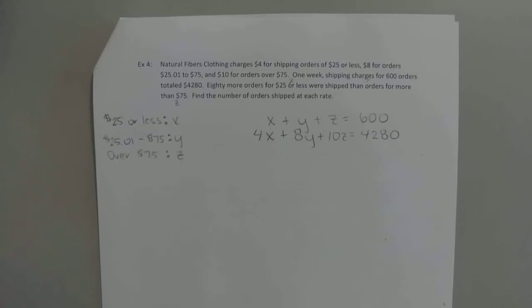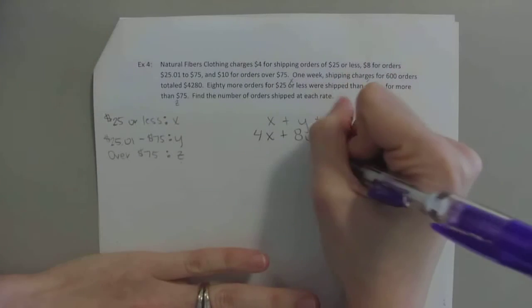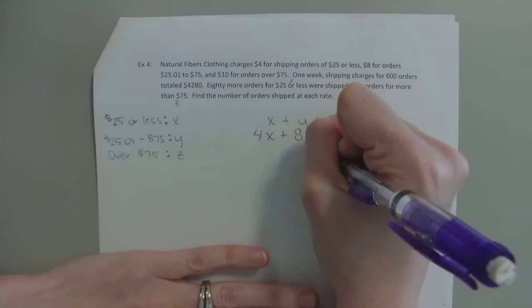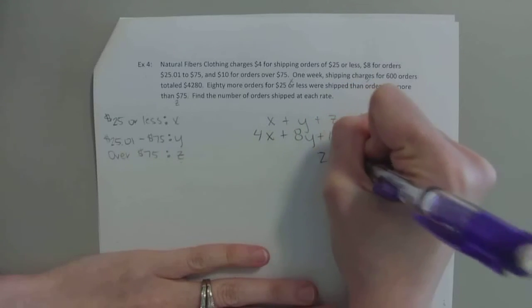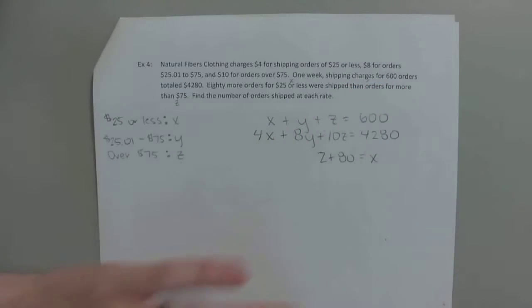I'm trying to think of the easiest way to explain it to you, sorry. It says there were 80 more orders of $25 or less, so there are more X's than there were Z's. So Z plus 80 equals our X. I should write it that way, sorry. I know it's a little backwards. Who had more? The X, right? It said 80 more of those.